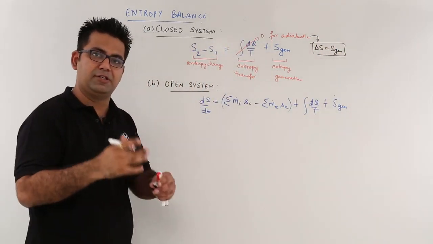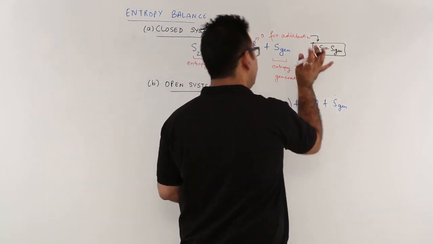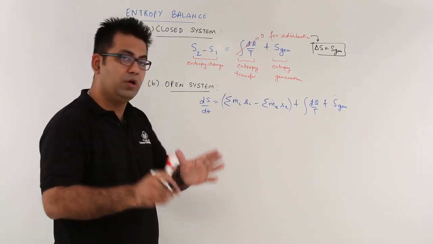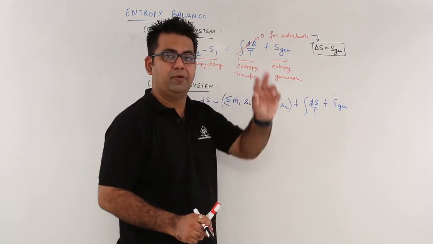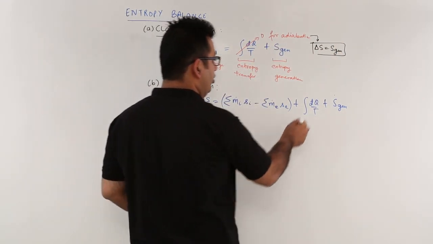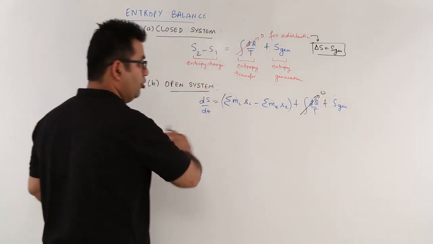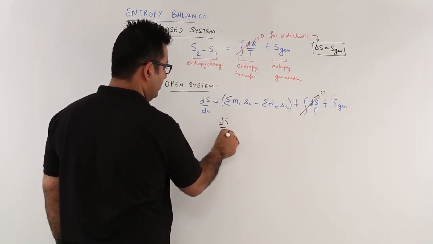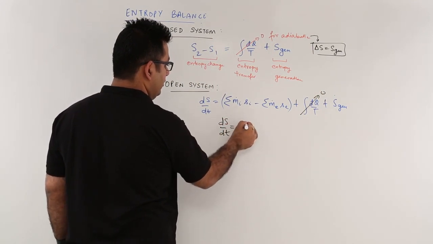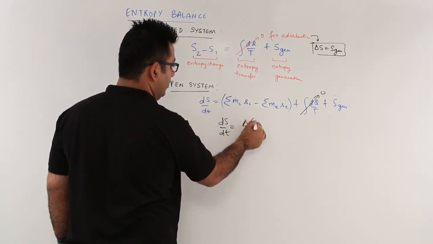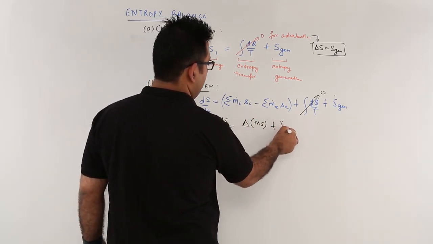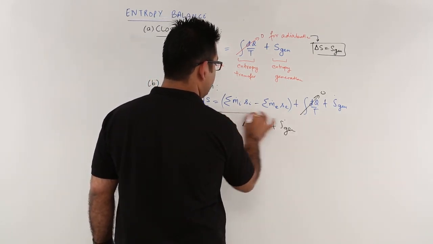So whatever generation of entropy is there, that would be the change of entropy in the whole process. And that is only true for an adiabatic process. If you put this 0 in the open system equation, then you would have dS by dt equal to the delta of ms plus whatever entropy generation that you have.